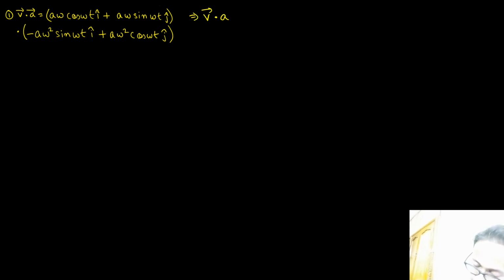V dot a is equal to multiplying i with i and j with j. So in a squared, this a out here is a constant, and this a out here is acceleration.